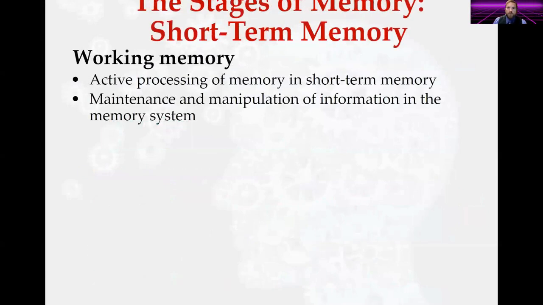Okay, so one adaptation of short-term memory is what's called working memory. Some critics of the short-term memory model, or I should say the Atkinson-Shiffrin model or the modal model of memory, the idea that it's stage-based, the stages being sensory, short-term, long-term.